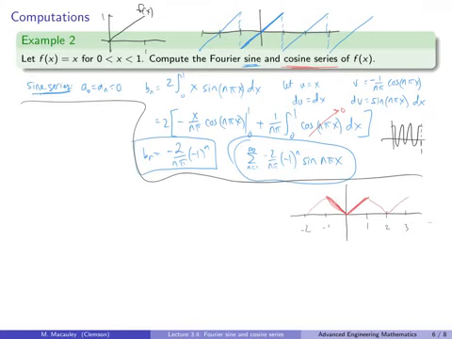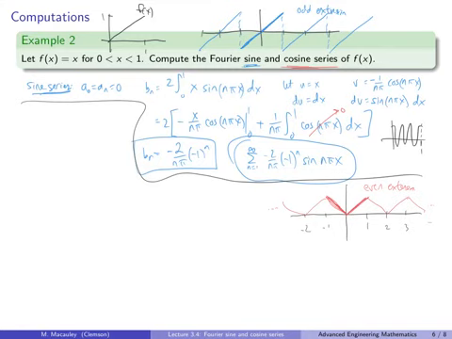So if we make this periodic, now we get this guy, and this is a, what do you call it? A triangle wave. So this is the even extension. Let me write up top that this is the odd extension. So when I say compute the Fourier cosine series, we're computing the Fourier series of this guy.